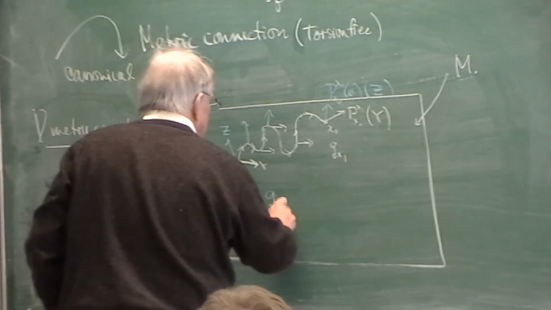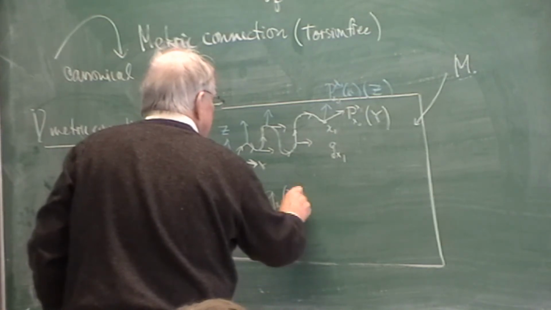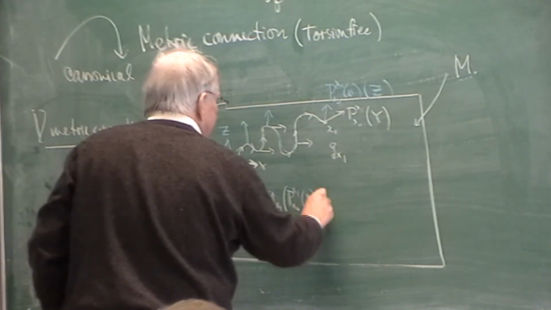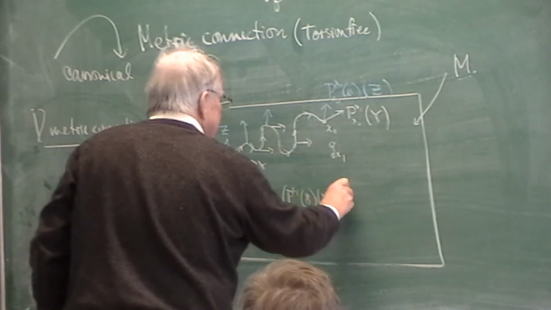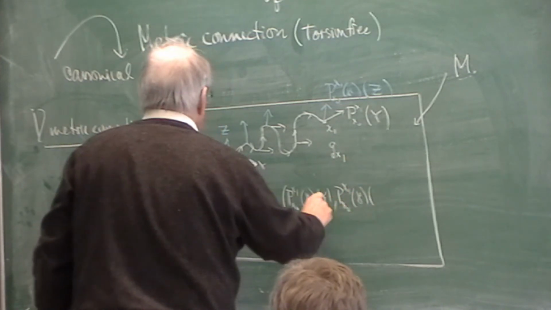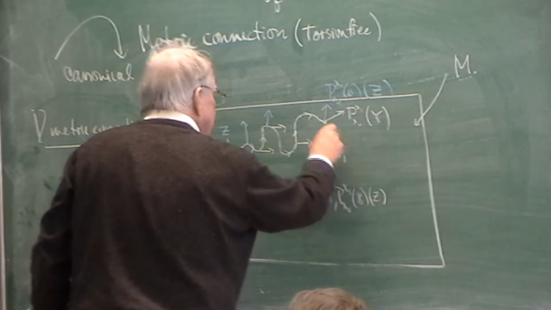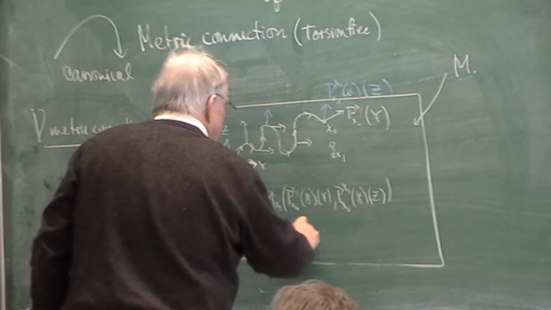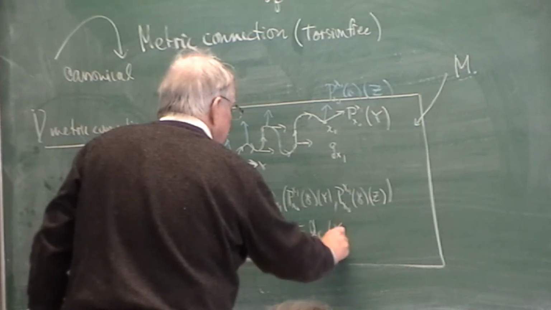G at x1 of the parallel transport from x0 to x1 along gamma of y, and the parallel transport to x1 along gamma of z, that's over here at x1, equals g at x0 of y, z.